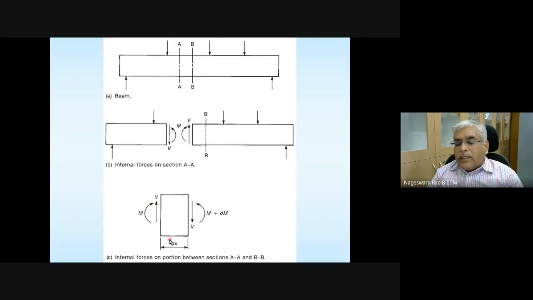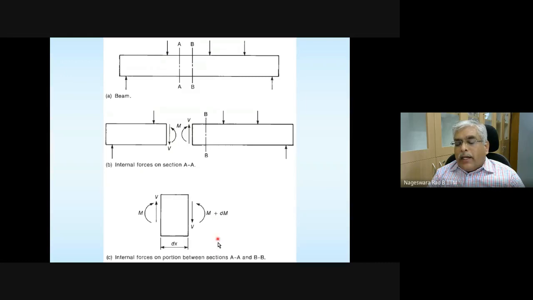If the length of this element is dx, a small infinitesimal element, the moment on the other side is going to have some increment or decrement, so M plus dM. Shear is V on this side and shear is V on the other side. Any questions on this?